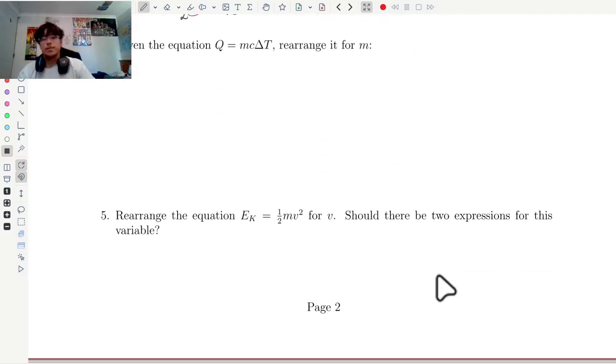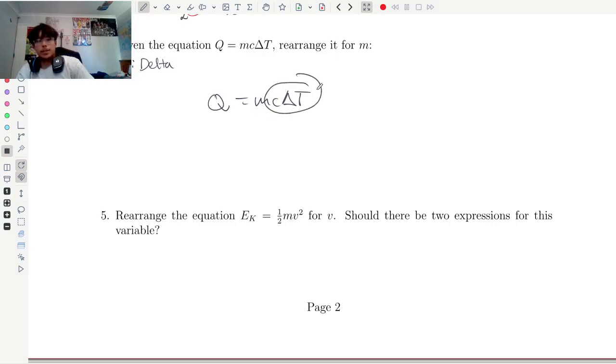Now next question. Given the equation q equals mc delta t, where this triangle is another Greek letter, delta, I want to rearrange it for m. So I can just write mc delta t, and to get an m on its own, since m is multiplying this whole thing, I can just divide both sides by c delta t.